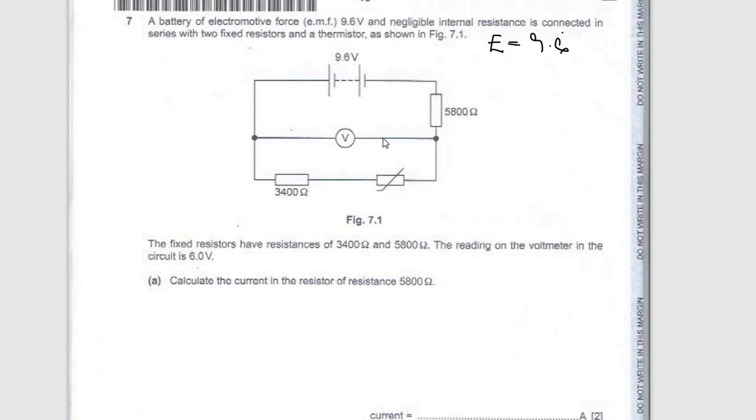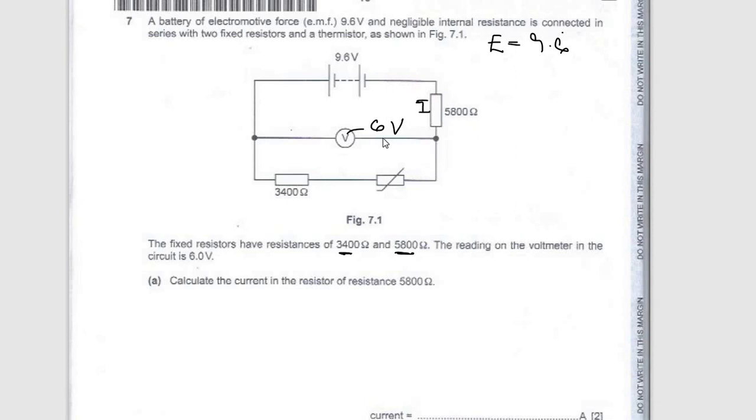The fixed resistors are 3,400 ohms and 5,000 ohms. The reading on the voltmeter here is 6 volts. Calculate the current in this circuit.